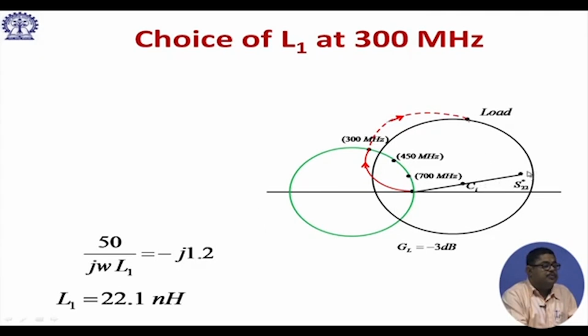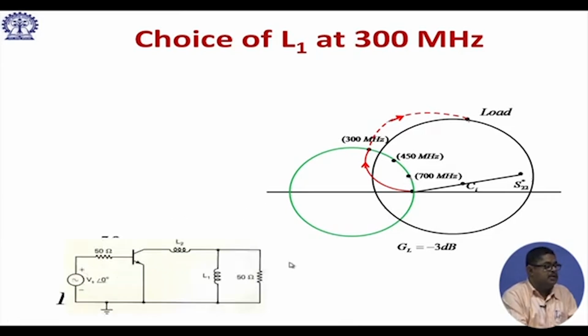Now, from this S22 value, I need to transform and then go to the 1 plus GB circle. At 300 megahertz, at 450 megahertz I will hit it here, at 700 megahertz I will hit it here, and then accordingly I will choose L1 and L2.